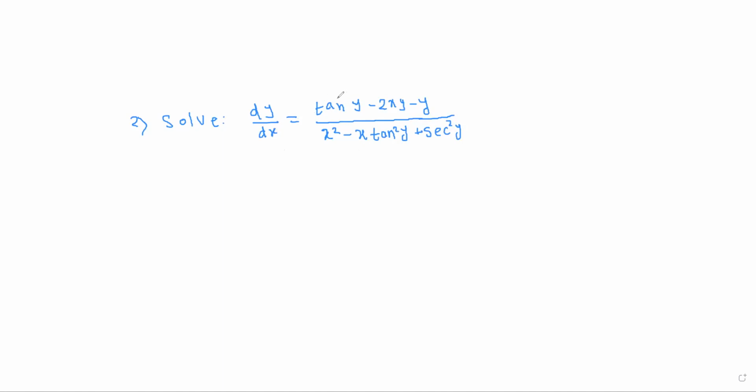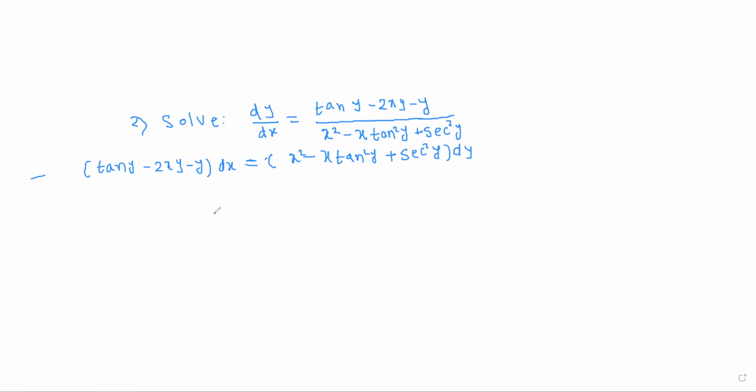So M dx, this will be our M. So I'm writing that first: tan y minus 2xy minus y dx. Now I'm taking this on the other side. First we write the cross multiplication, then we'll solve that. So it will be x square minus x tan square y plus sec square y dy.